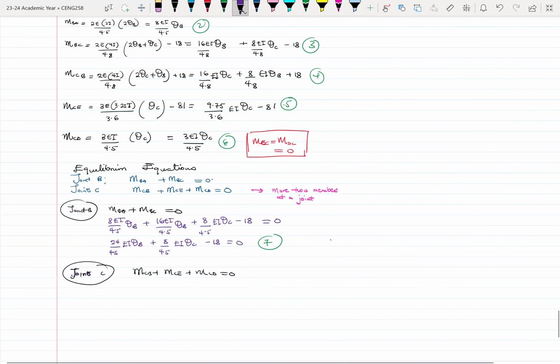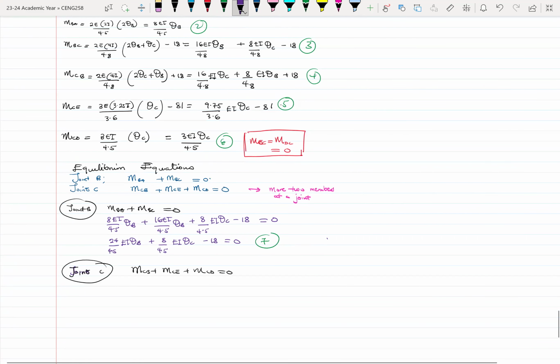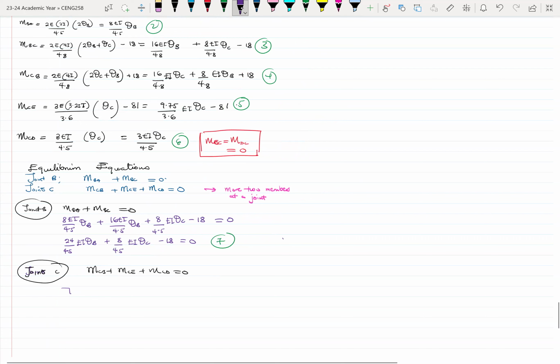Let's see what our MCB is: 16 over 4.8 EI theta C plus 8 over 4.8 EI theta B plus 18.